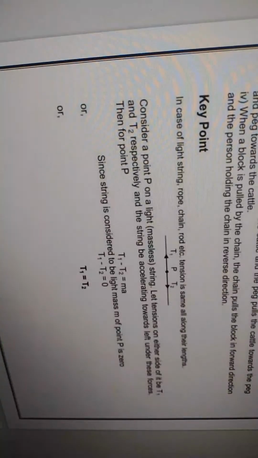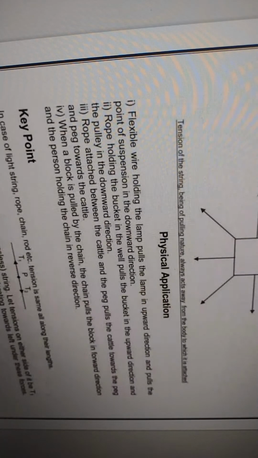A flexible wire holding a lamp pulls the lamp in the upward direction and pulls the point of suspension in the downward direction. Suspension means from where it is suspended.